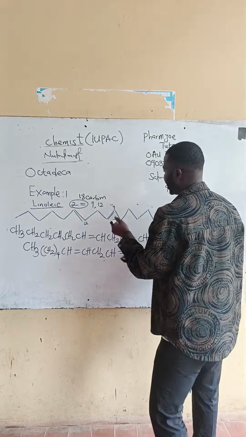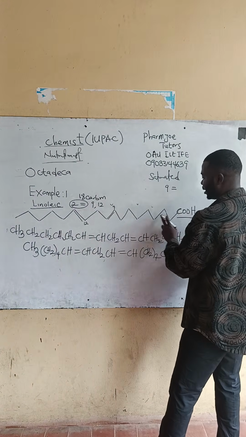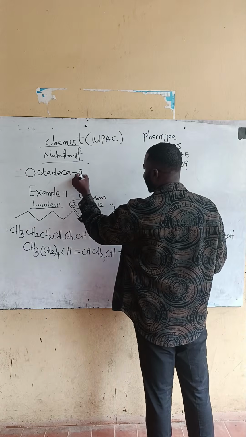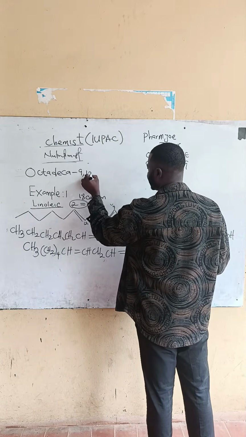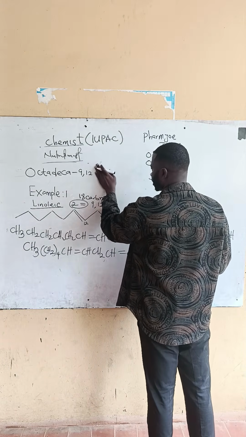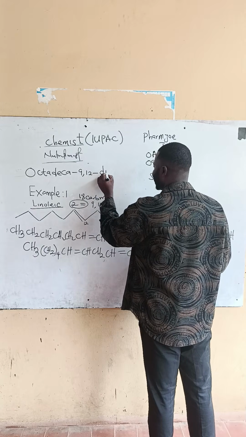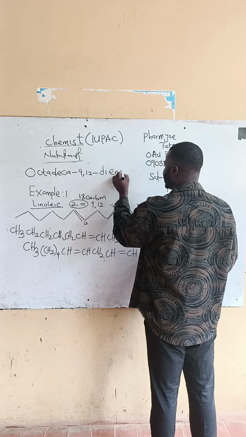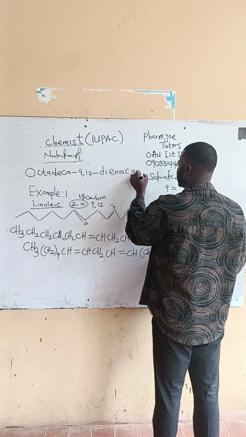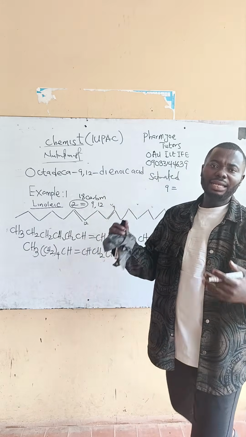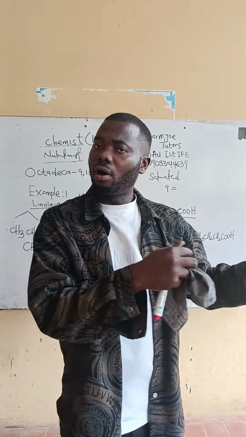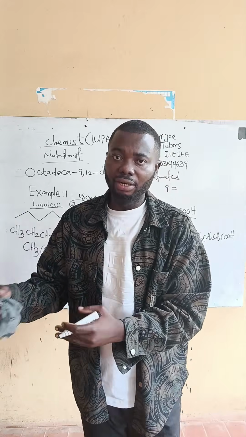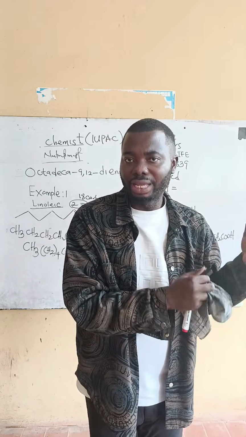So, octadeca 9, 12, dienoic acid. You know that the ending of all carboxylic acids is noic acid, like butanoic acid.